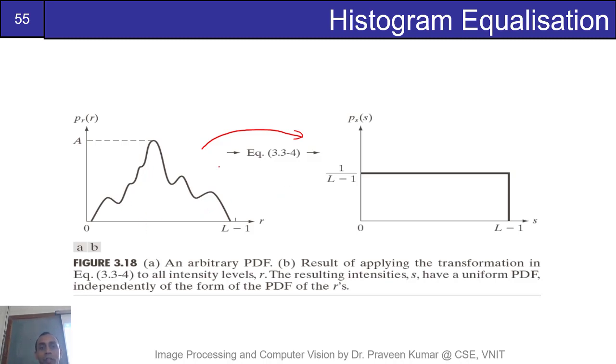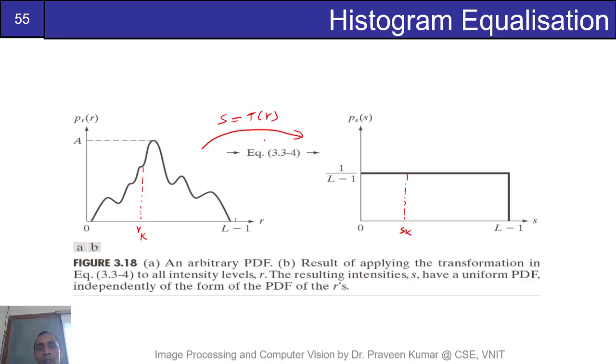If our transformation function S equal to T(r) is a monotonically increasing function, then let us say for any arbitrary value here, rk is getting mapped to some value sk in the output.